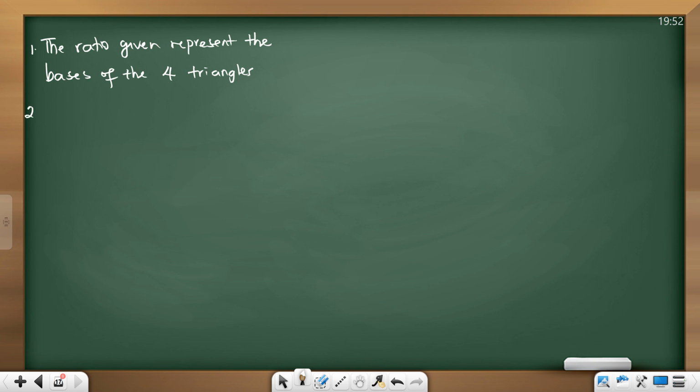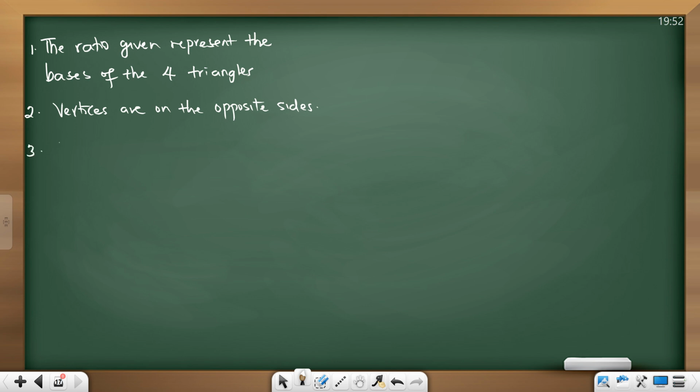Number 2, what did we say? The vertices are on the other side or opposite side. Maybe this would at least help you remember. Opposite sides. Are we okay? What next did we say?